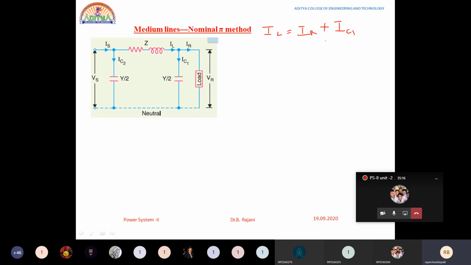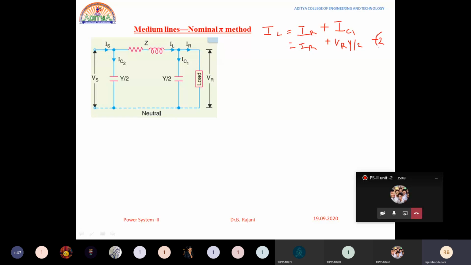IC2 is nothing but Vs into Y by 2. If I write IC1, it is there in the receiving end side, so we can write it as VR into Y by 2. So IL is equals to IR plus VR into Y by 2. Let us suppose this is equation 2.